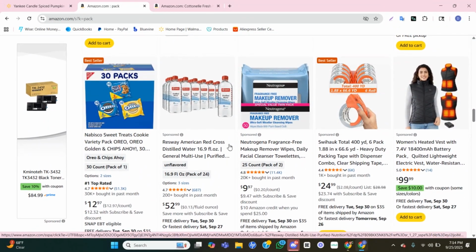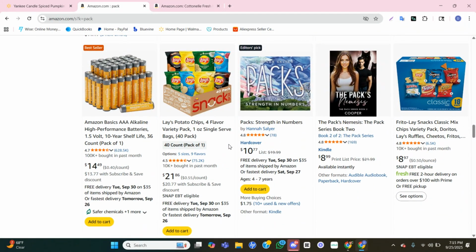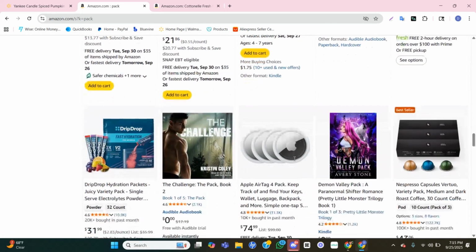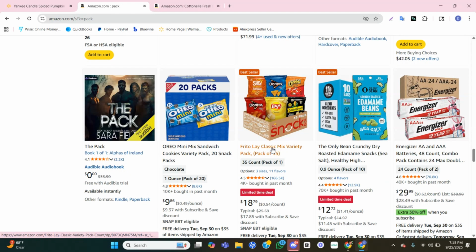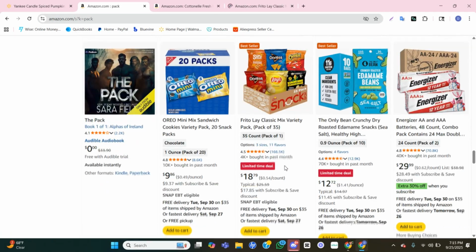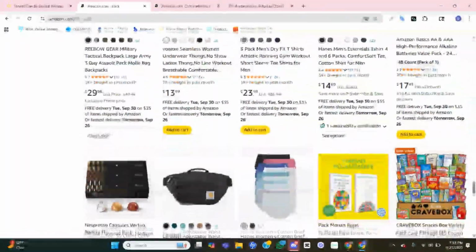Okay, so maybe this one. So, let's see. Probably this one mix. And then we can retail this, or what else?